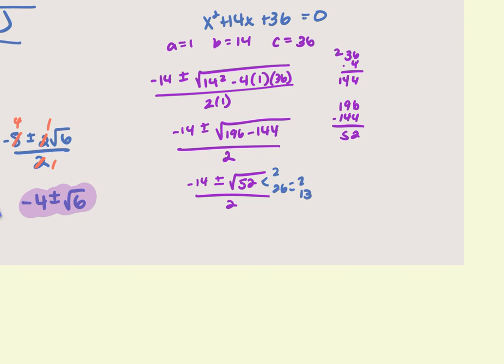So that becomes negative 14 plus and minus, the 2 goes to the outside, and then each of these are divisible by 2. So I get negative 7 plus and minus the square root of 13.